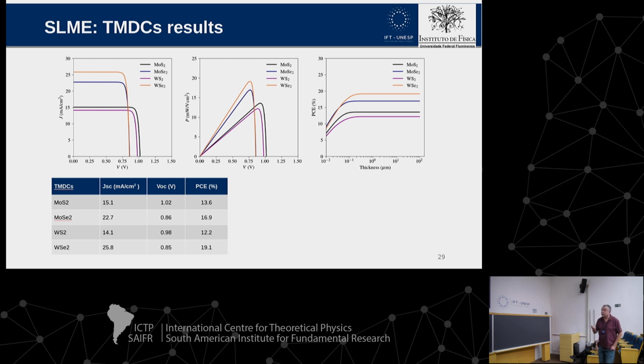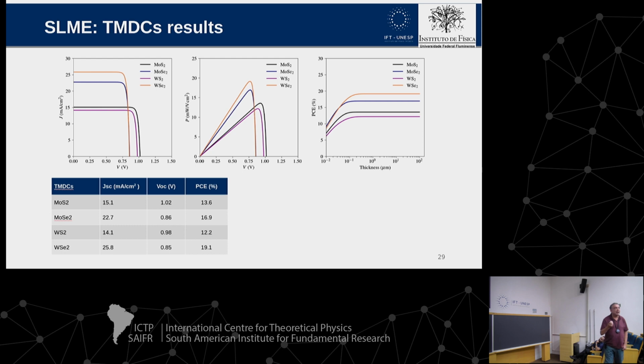And here we actually have the results of current as a function of voltage and power as a function of voltage, and the efficiency of the photovoltaic systems calculated using the Yu and Zunger method as a function of thickness. For instance, I think the most interesting is to look at this plot for small thickness. For instance, here is 20 nanometers. For 20 nanometers, we see that we can have efficiency in the order of 5 up to almost 15%.